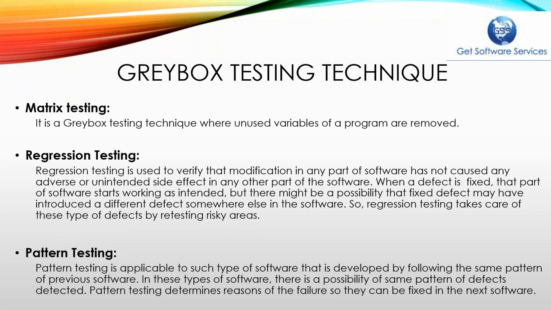So you have tested software of the same type previously, you study the pattern of defects that you found in that software, and for this new software you try to find similar defects. So you have a pattern to match. That way you can find the failures or defects in the application which you had found in the last similar version of the software. So that is pattern matching.